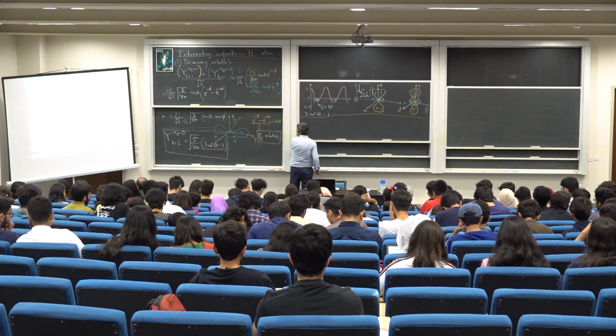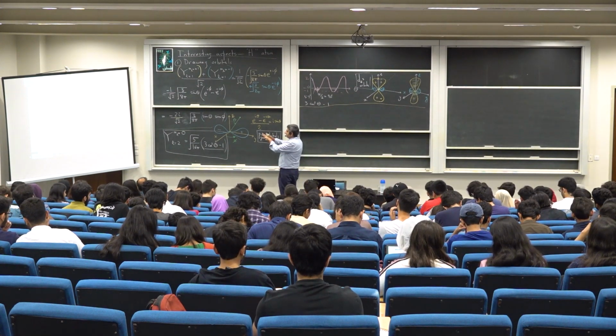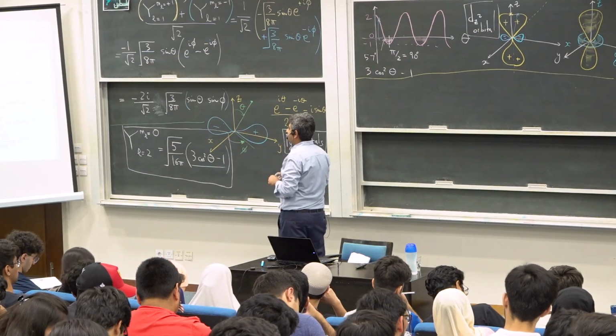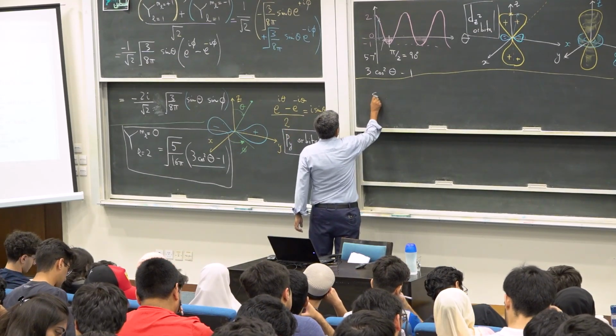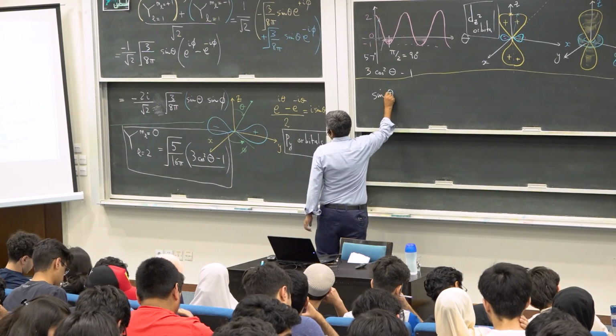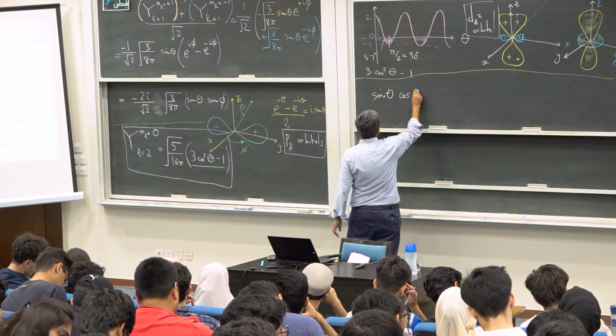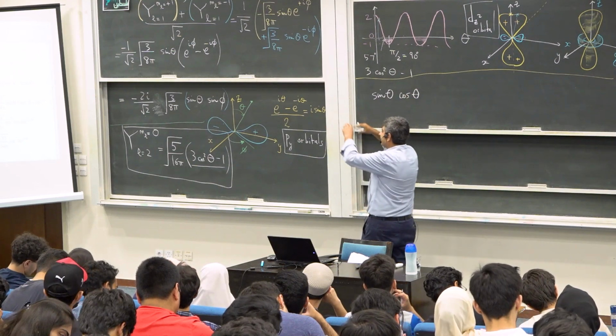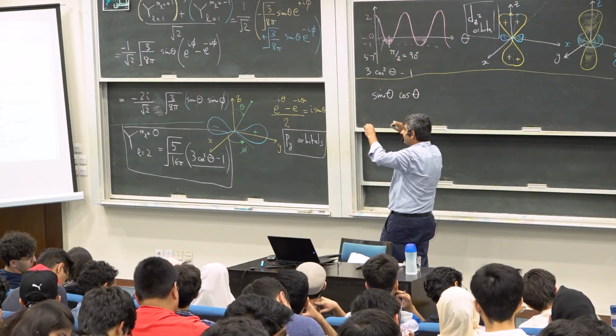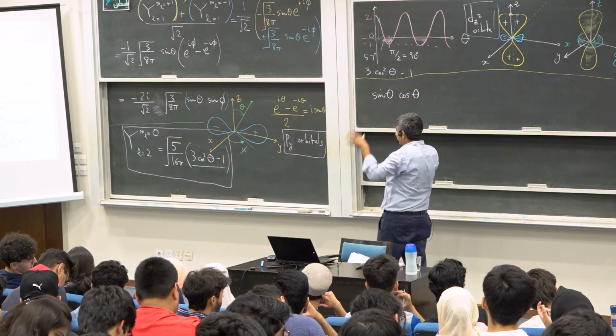So I take the positive superposition of the two states, and I end up with sine theta, cosine theta. I'm just drawing the angular part. Once I get a positive exponent and once I get a negative exponent with a minus sign.